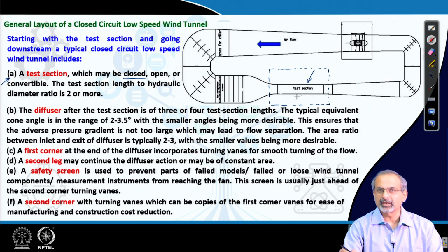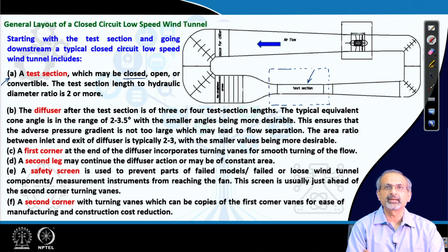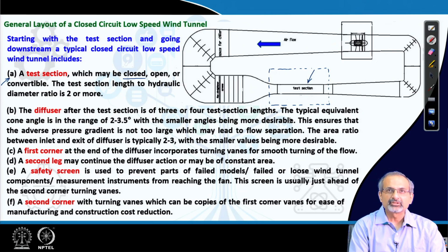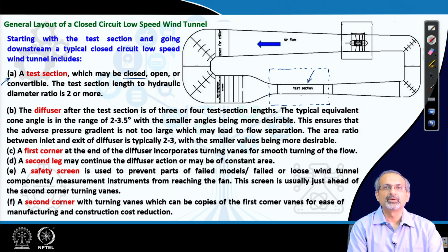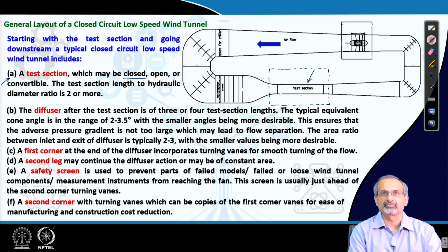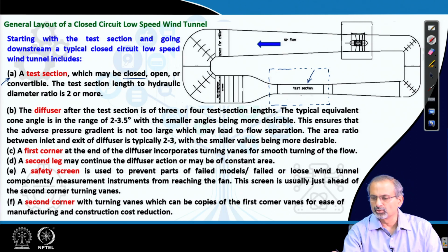And then you should also have suitable facilities to prepare for the change of the test section if you have multiple test sections which you may be using for different kinds of experiments. Therefore, this enclosure could have all those facilities.